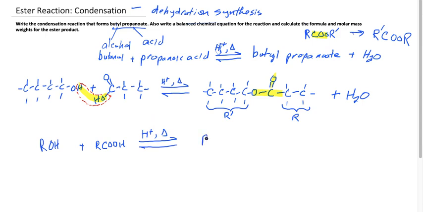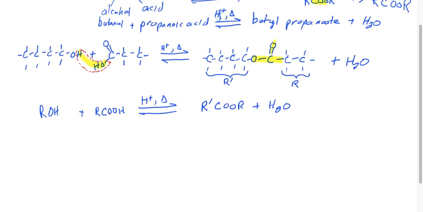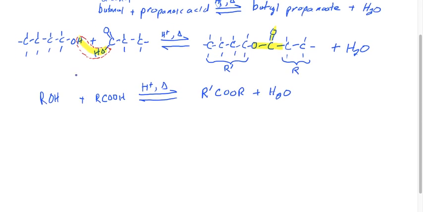So then we're going to have our R prime COOR plus water. So anytime we write a chemical equation, we're following this right there. All right. So right here there's 1, 2, 3, 4. That's 4 carbons, right?